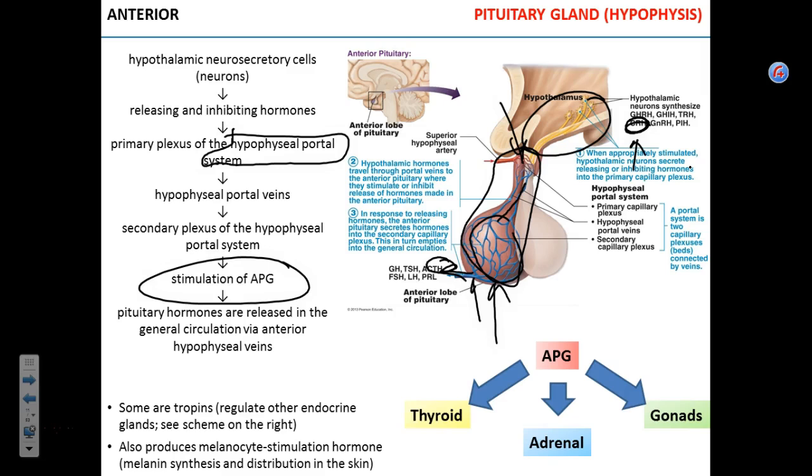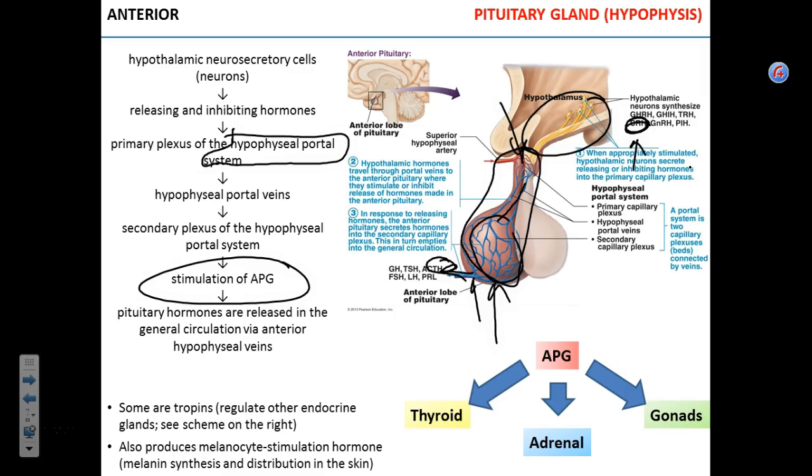The portal system delivers via blood the hypothalamic hormone to the pituitary gland. The pituitary gland responds and releases the relevant pituitary hormone again in the blood. Does that make sense? It's all about hormones ending up in the blood. Does that make sense? Good?